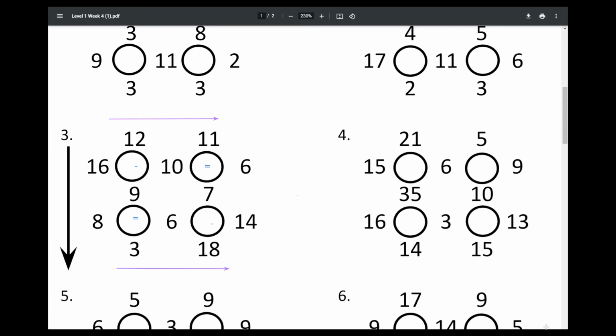So we're going to go on to number 4. Katie, this one says that 8 equals 6 minus 14 now. The bottom row says 8 equals 6 minus 14. Does everyone agree with that?